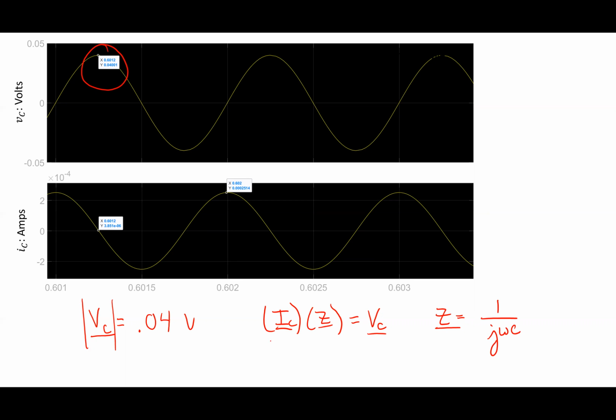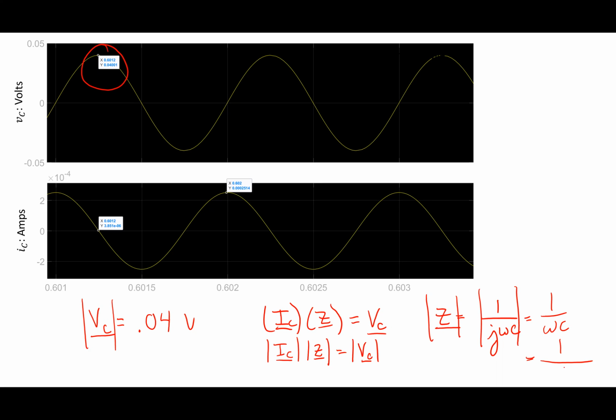Let's talk about the magnitudes here. Magnitude of I times magnitude of Z is magnitude of the voltage. So let's calculate the magnitude of the impedance. What's the magnitude of 1 over j omega c? It's 1 over omega c.